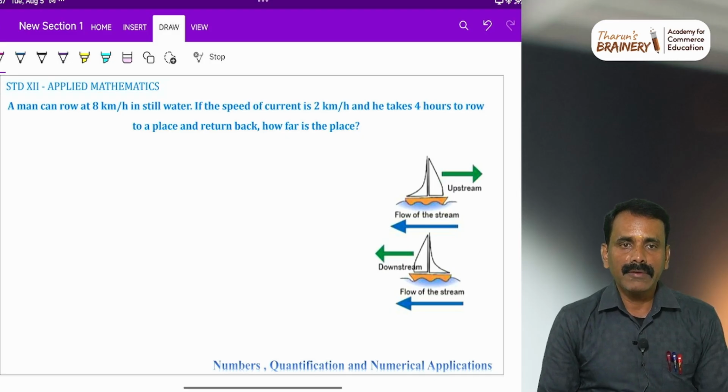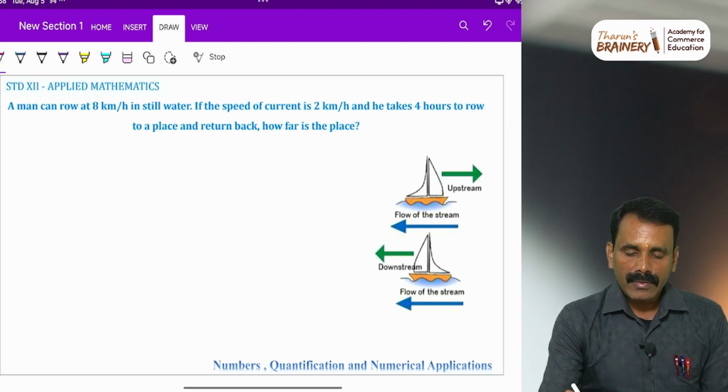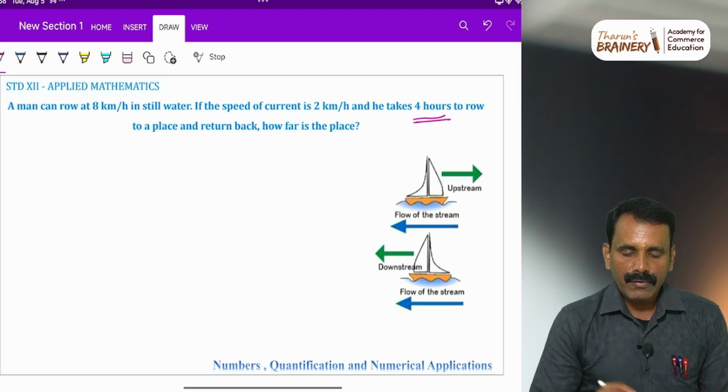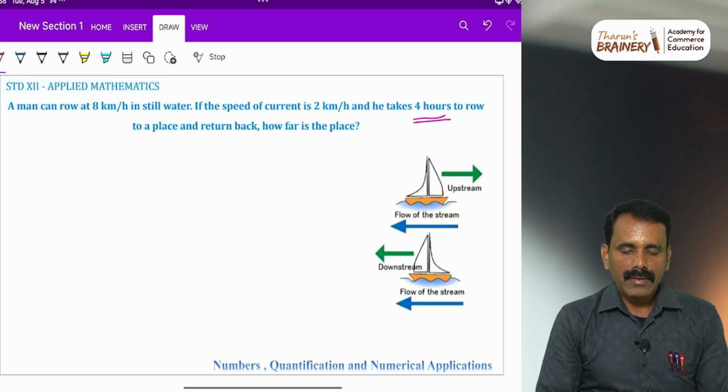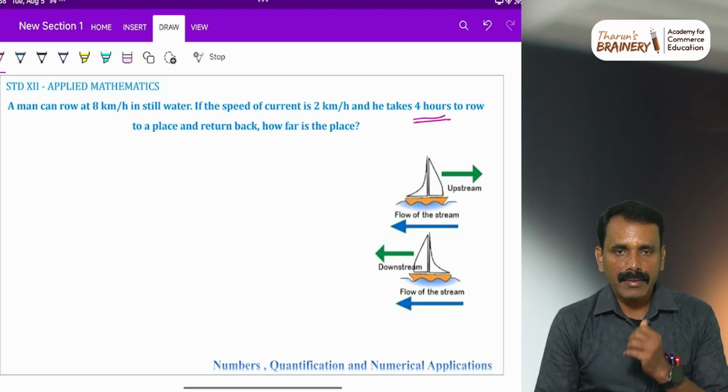The total time for the upstream travel as well as downstream travel, both combined together, is going to be 4 hours. How far is the place? So we are going to find the distance between the starting point and the ending point.